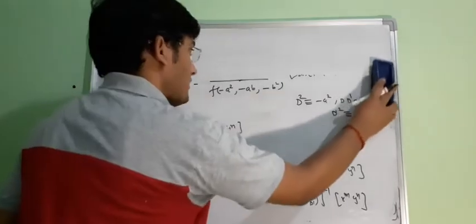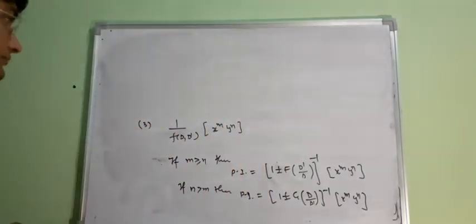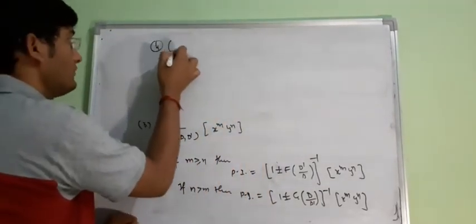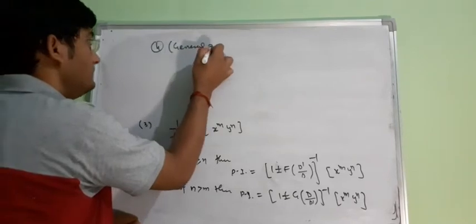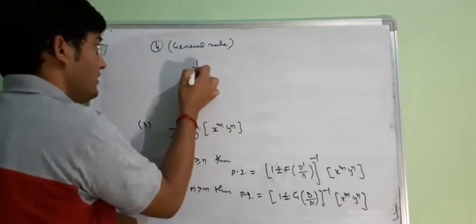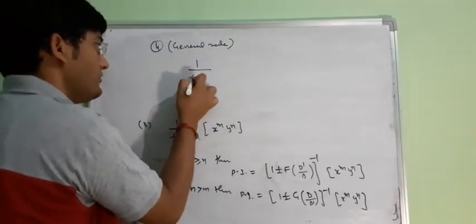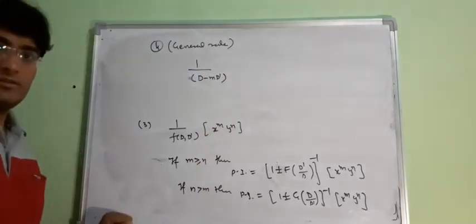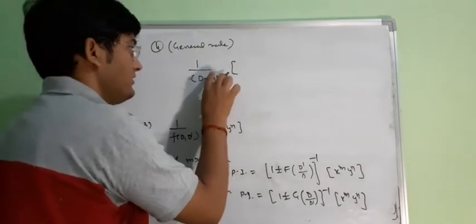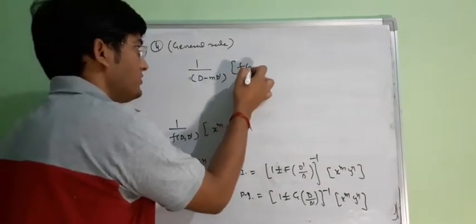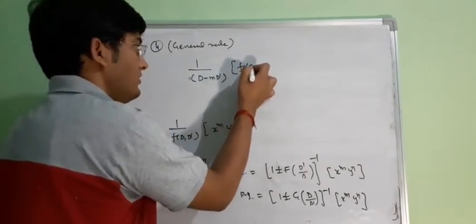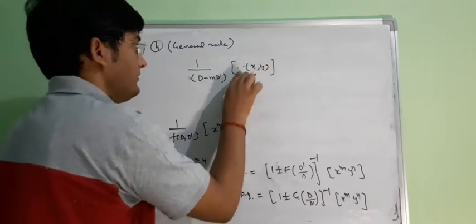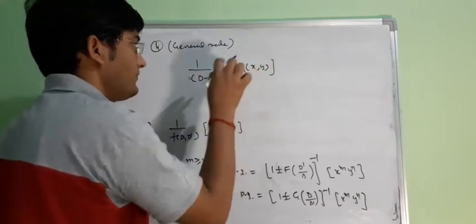Then the fourth formula, which is your general formula, general rule. Suppose that here we have some linear factor like 1 upon D minus mD dash, and in the bracket there is some function of x comma y, which is f(x,y).